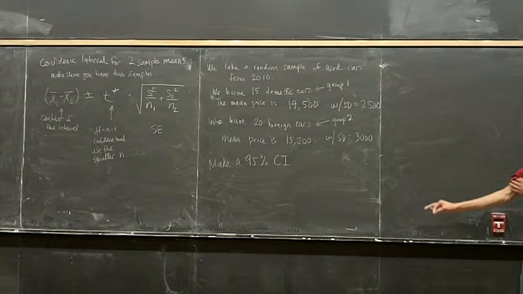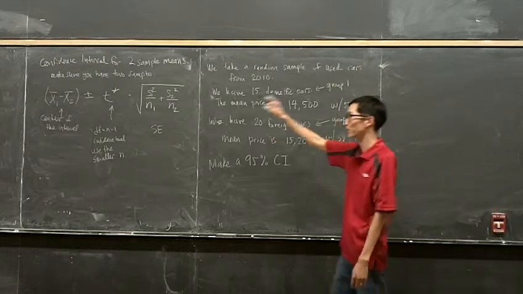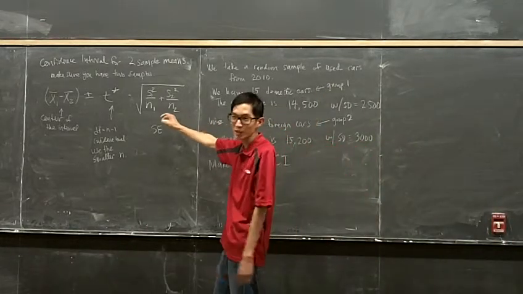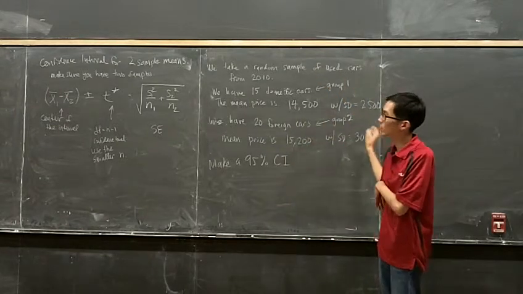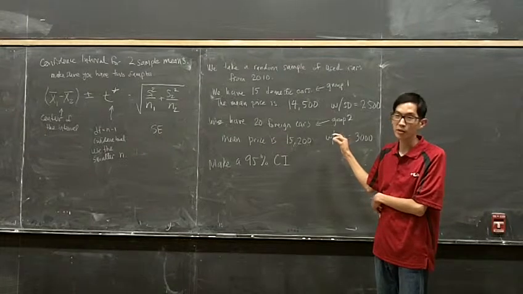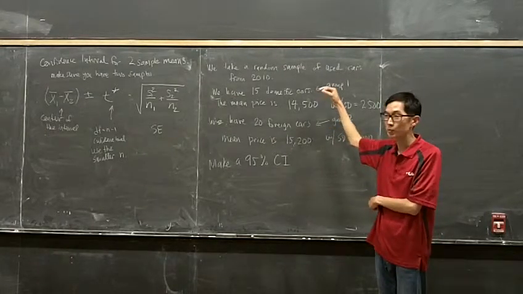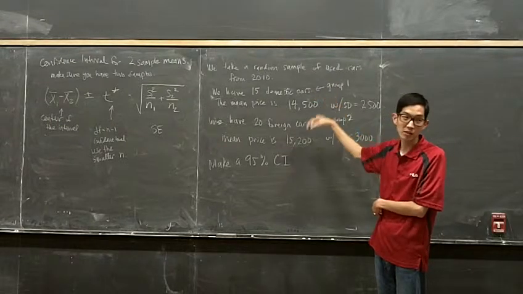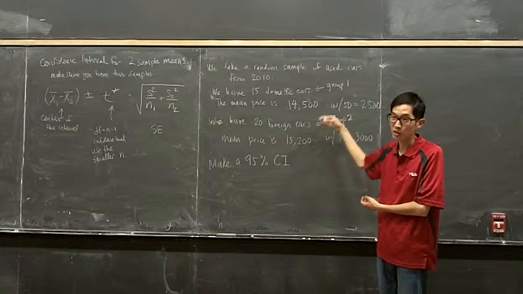So make a 95% confidence interval. This is easy because I just told you that we're doing two sample means. But when you're reading a problem, you've got to be able to say, am I dealing with means or proportions? We're talking about the price of a car, so we're dealing with means. Then do I have one sample or two?